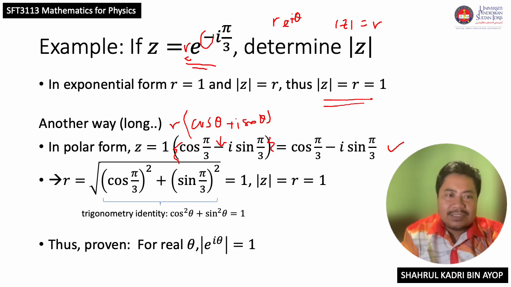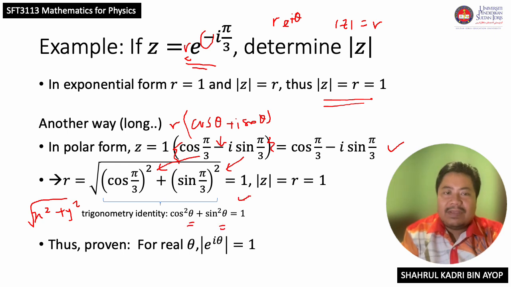Using this relationship, because this is x squared plus y squared, right? You just substitute this into this. Because this is just cos squared plus sine squared, regardless of the value of theta, it is equal to 1.